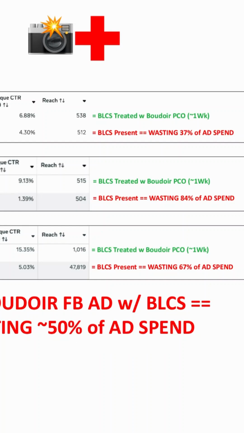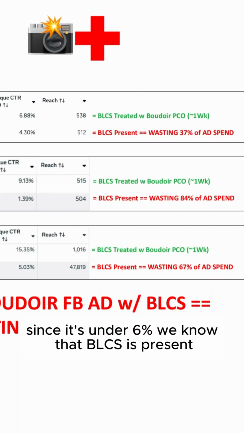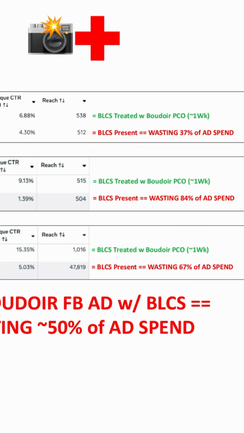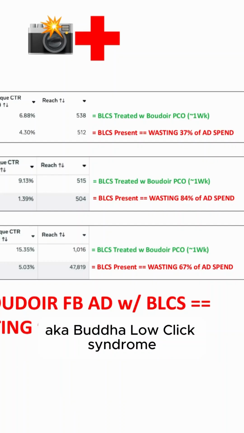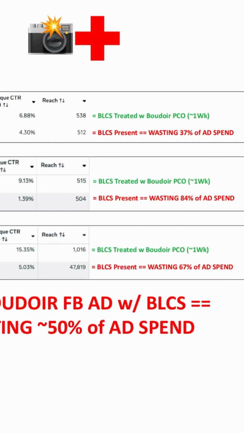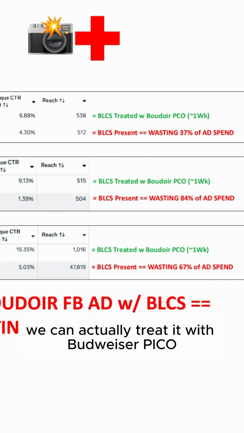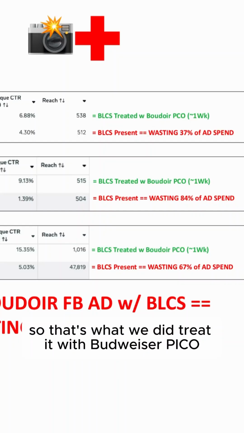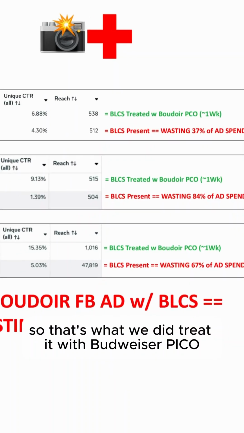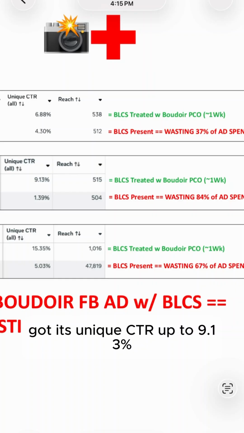Since it's under 6%, we know that BLCS is present, aka Boudoir low click syndrome, and as a result, we can treat it with Boudoir Pico. So that's what we did. Treated it with Boudoir Pico, got its unique CTR up to 9.13%.